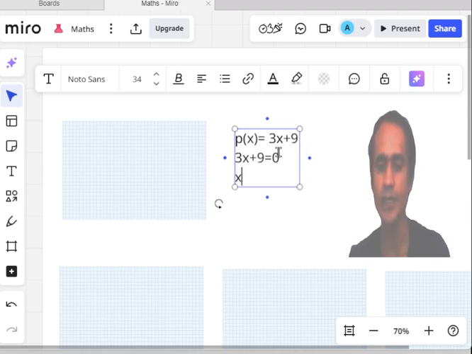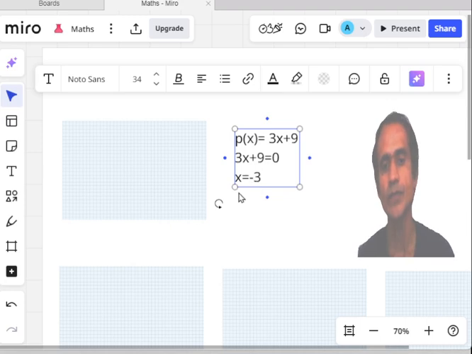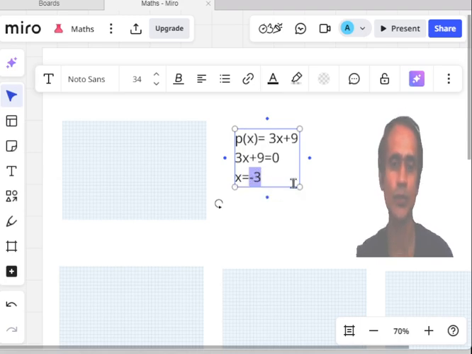That means x is equal to minus 3. So if we replace x by minus 3, we will get p(x) equal to 0. So minus 3 is the 0 of this polynomial.